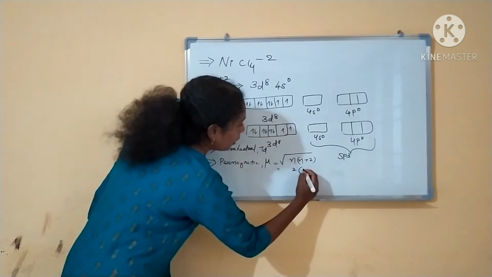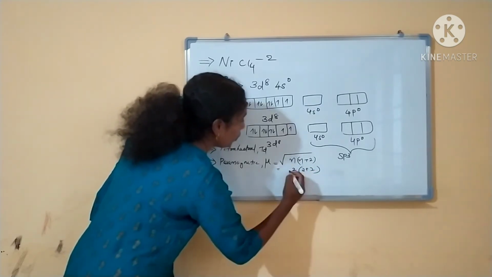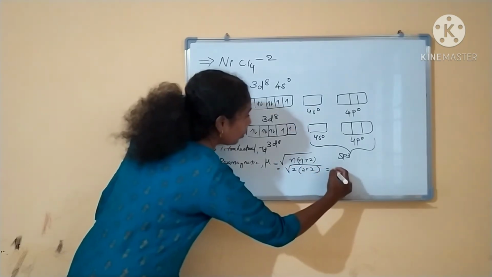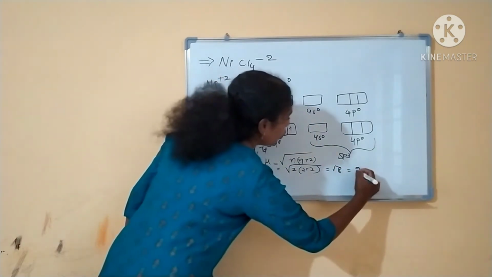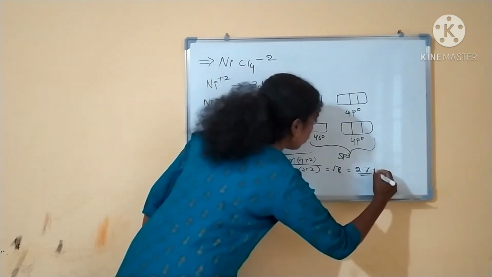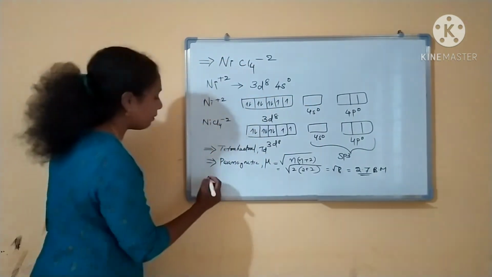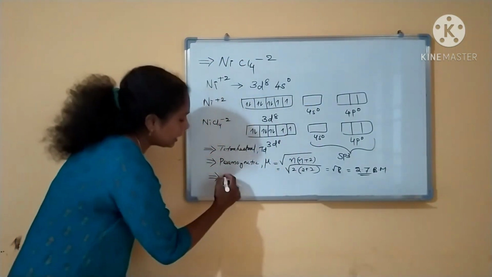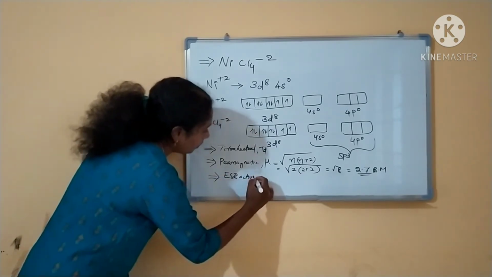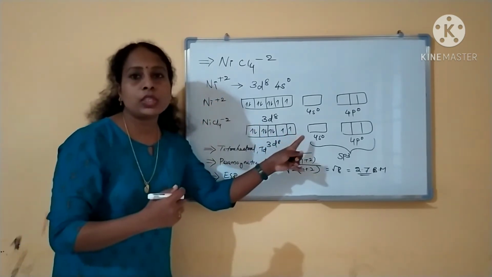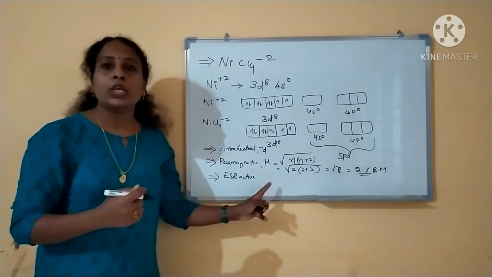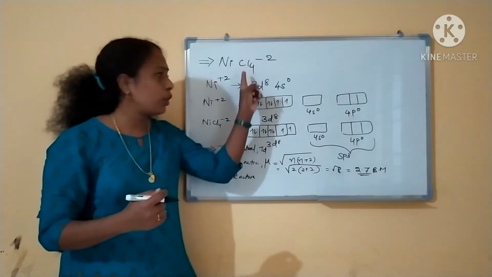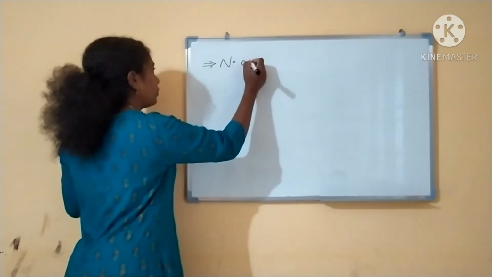So with 2 unpaired electrons, 2 times 4, root 8, which is 2.8 Bohr magneton. This much magnetic moment it has. And what about ESR activity? It is ESR active. How come? There are 2 unpaired electrons, so it will show an ESR spectrum. This is about [NiCl4]2-.